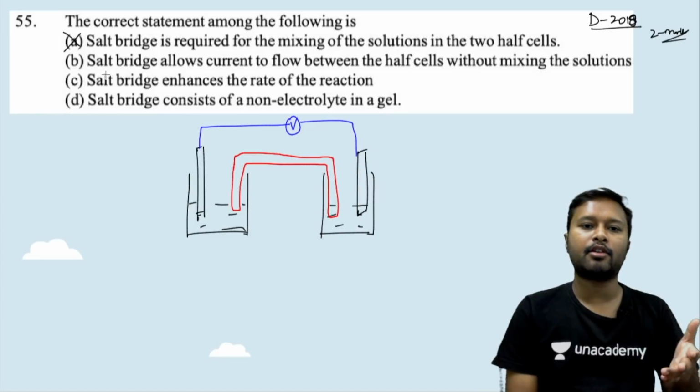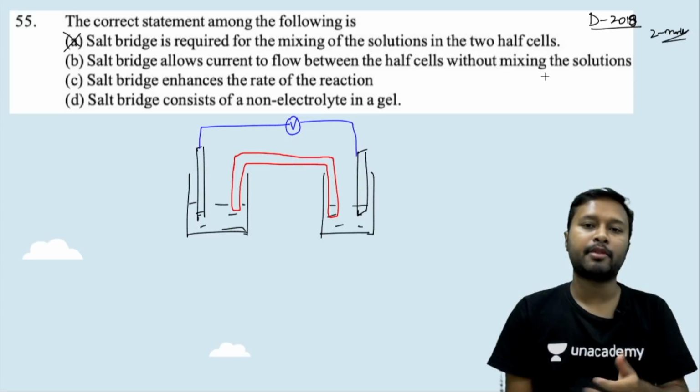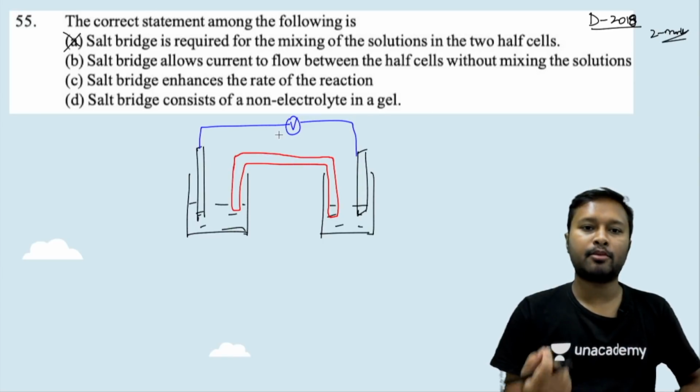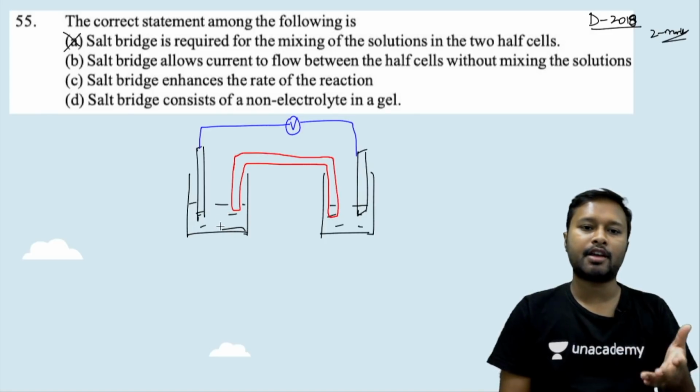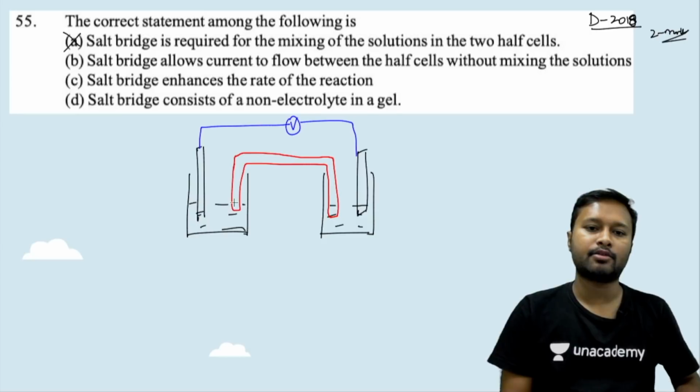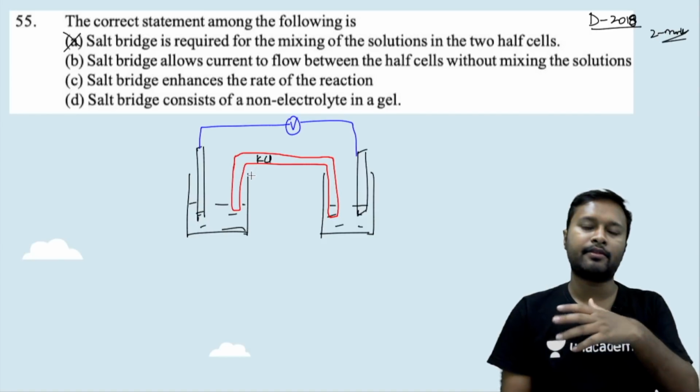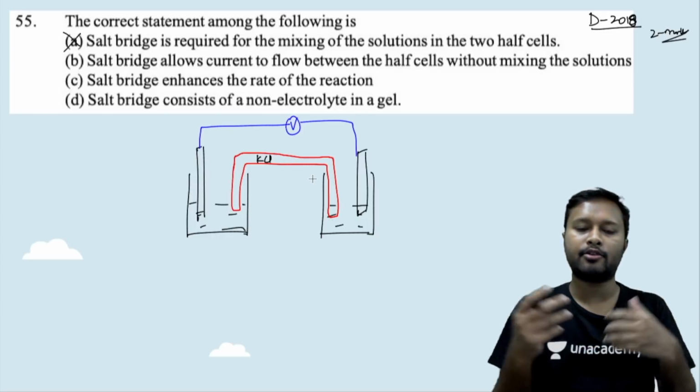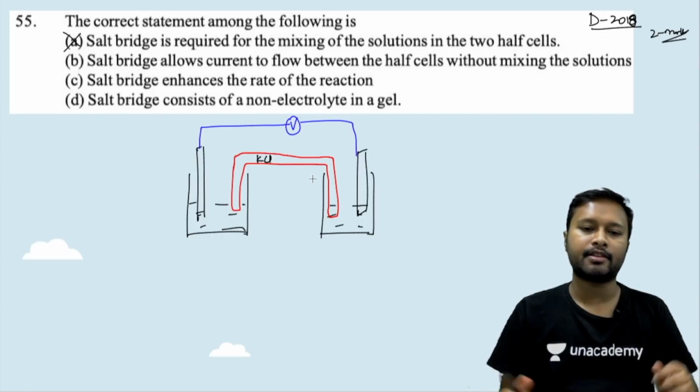Second one says that salt bridge allows the current to flow between the two half cells without mixing the solution. Is it so? Yes, it allows that. It neutralizes the extra charges which are developed. If the salt bridge is KCl, it will give the K plus ion and Cl minus ion to counteract or balance the charges.